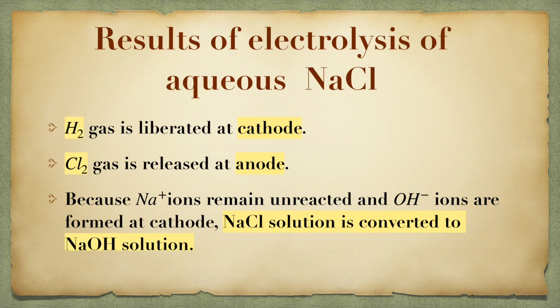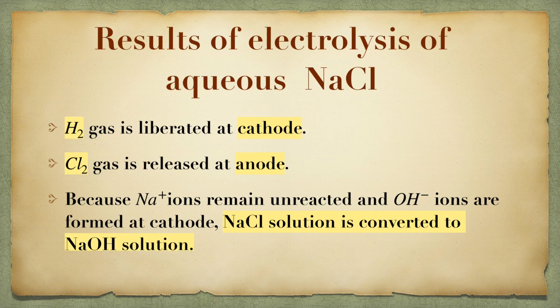Once again, the result of electrolysis of aqueous NaCl: first, H2 gas is liberated at the cathode. Second, Cl2 gas is released at the anode. Third, because Na+ ions remain unreacted and OH- is formed at the cathode, NaCl solution is converted to NaOH solution.